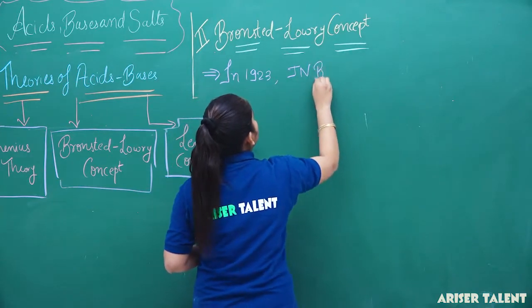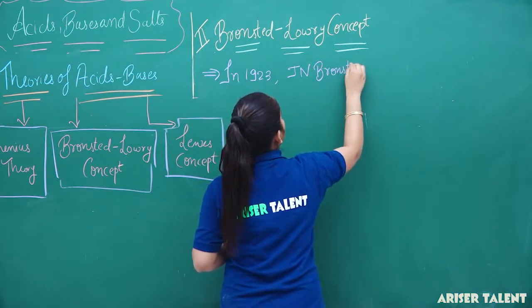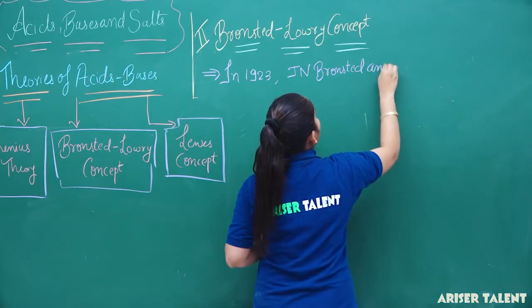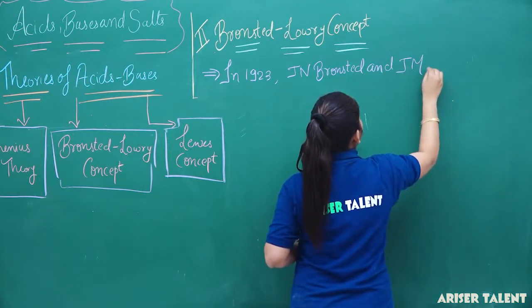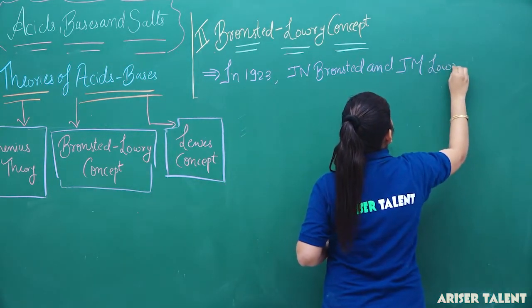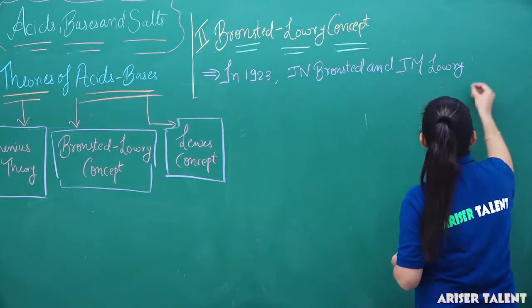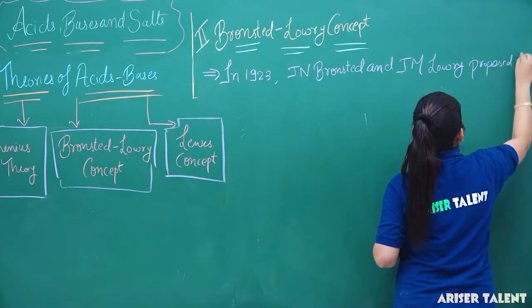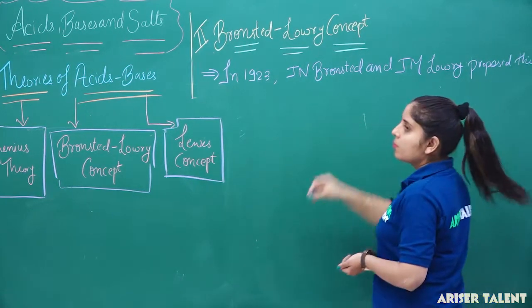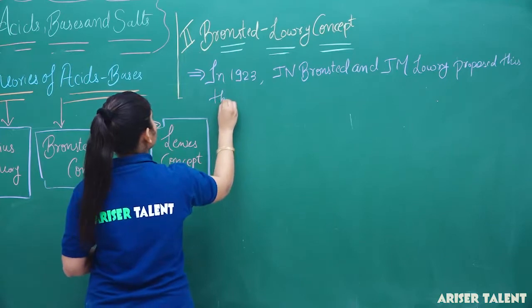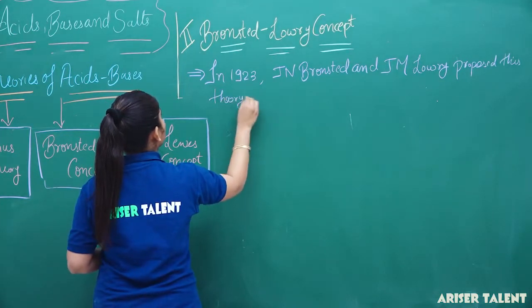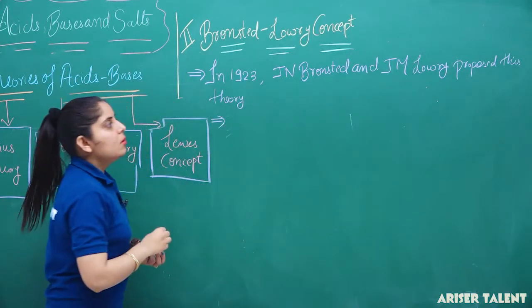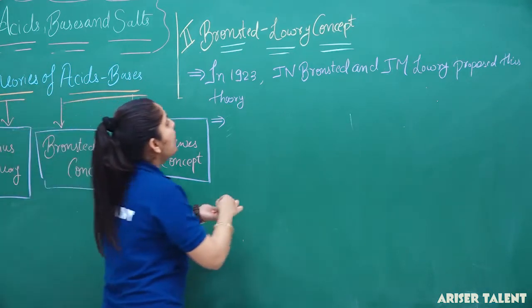In 1923, J.N. Bronsted and J.M. Lowry proposed this theory. This theory is basically proposed by these two chemists.